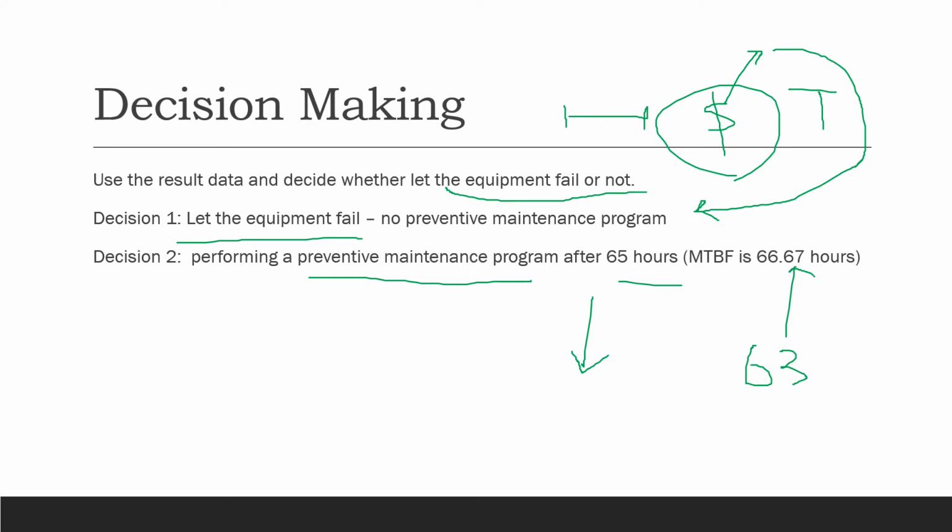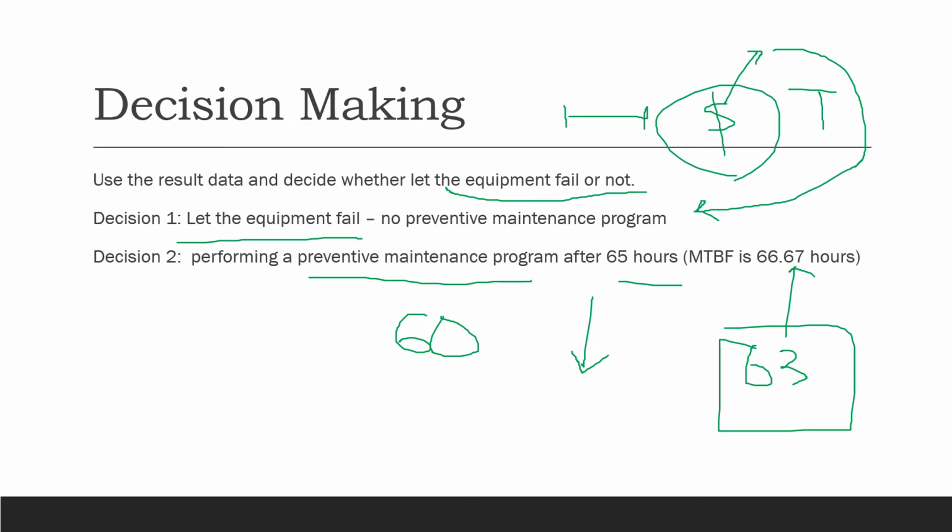So I am going to cut it off. I'm going to run only 60 hours. That's better management. You will be preventing the risk of the equipment failing at 63 hours if you ran 65 hours, because you would have encountered a chance of failure at 63 hours of operation.